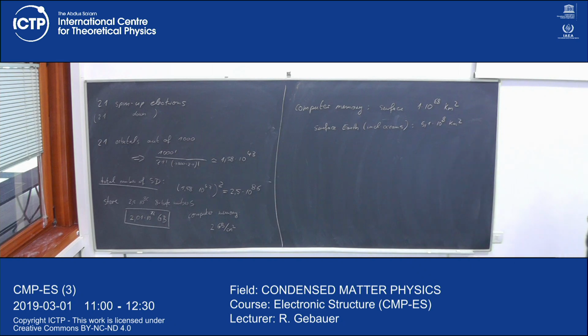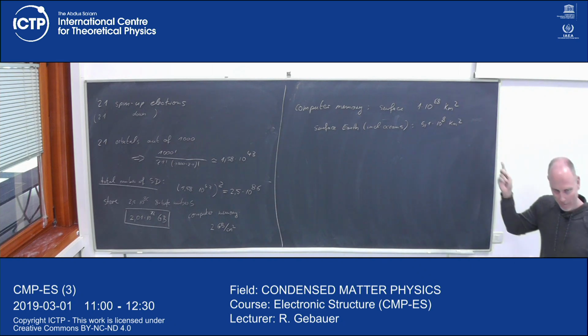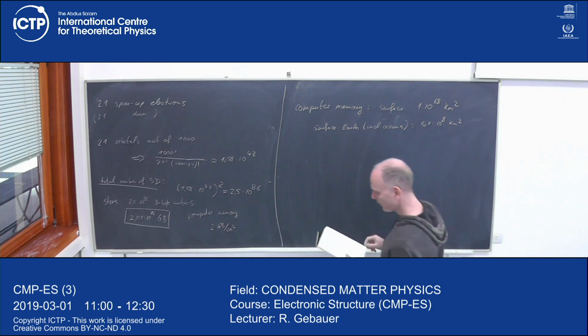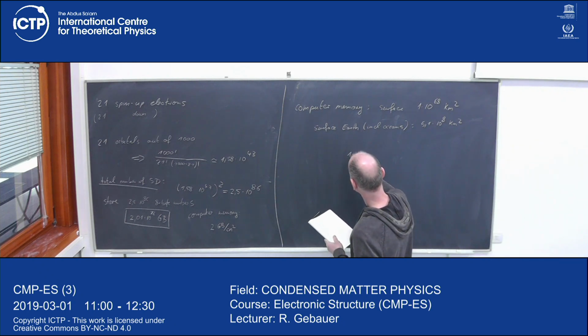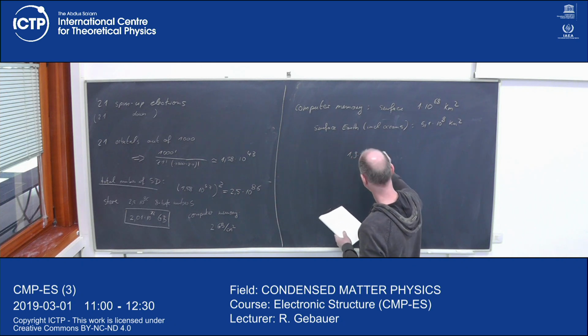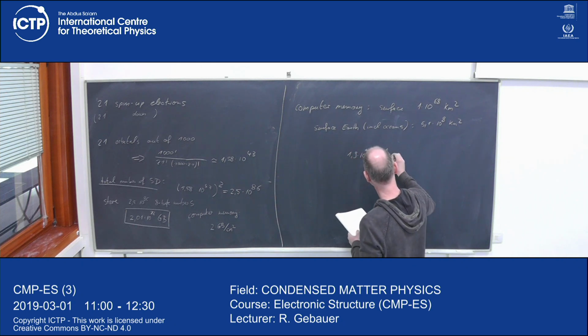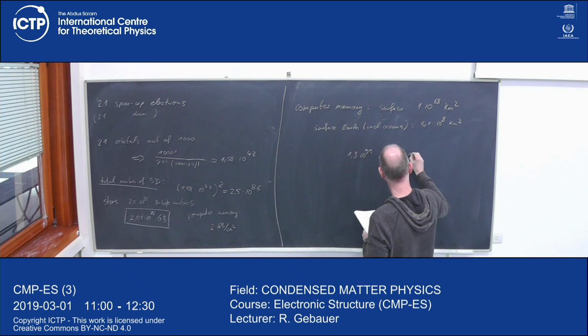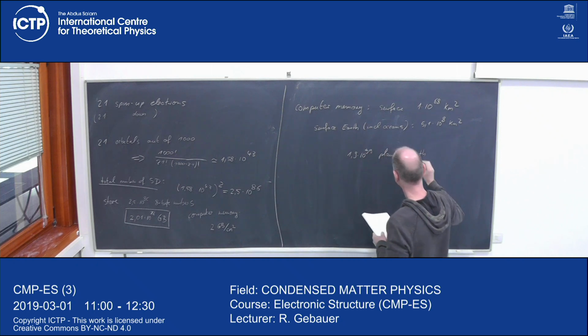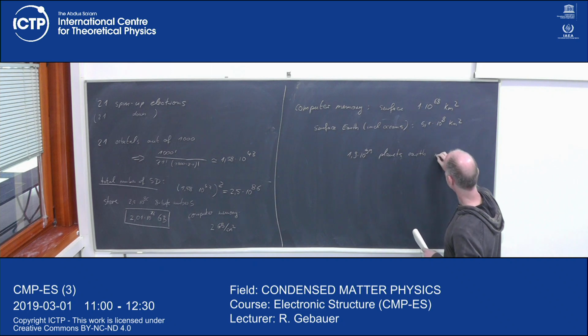So this means we need only to store the many-body wave function of a stupid benzene molecule. We need 1.9 times 10 to the 59th planet Earth memories.